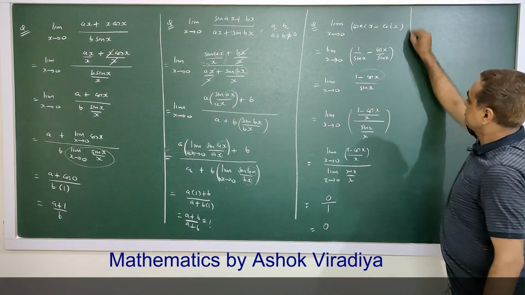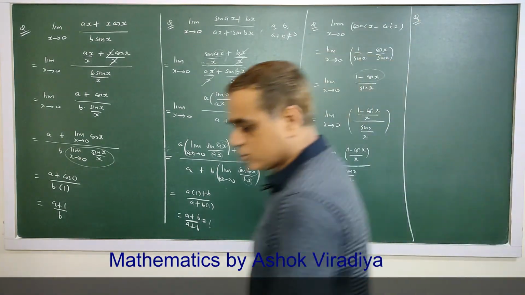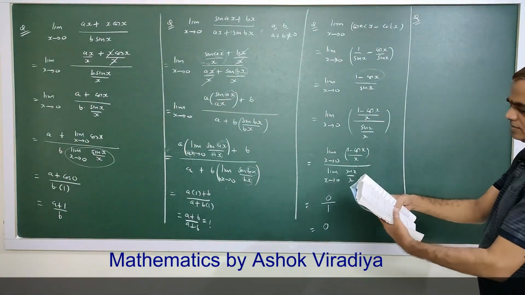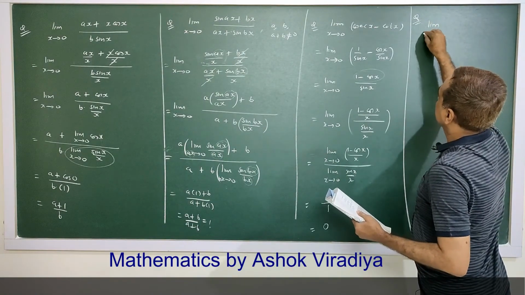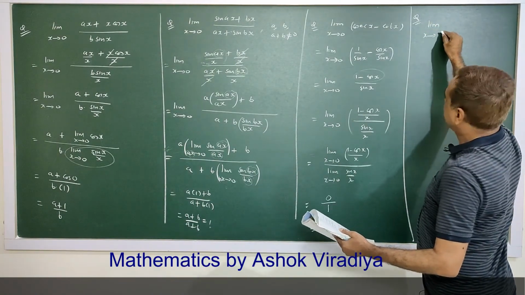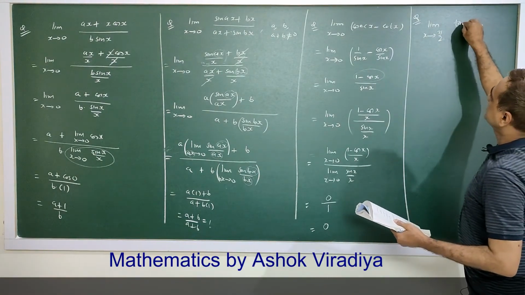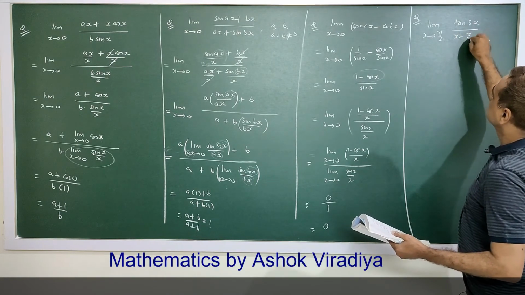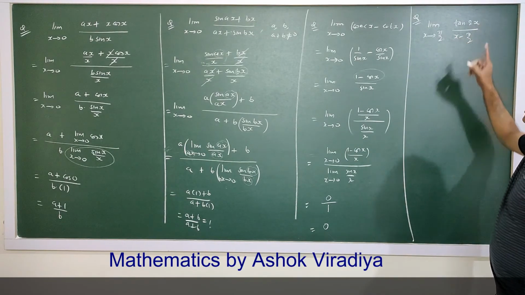One more question. Suppose we want limit x tends to pi by 2 of tan 2x upon x minus pi by 2.